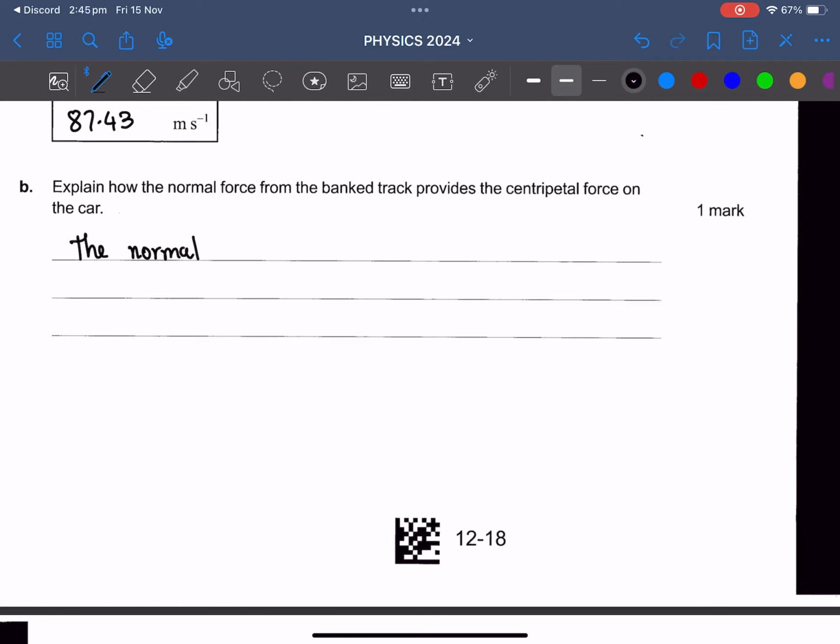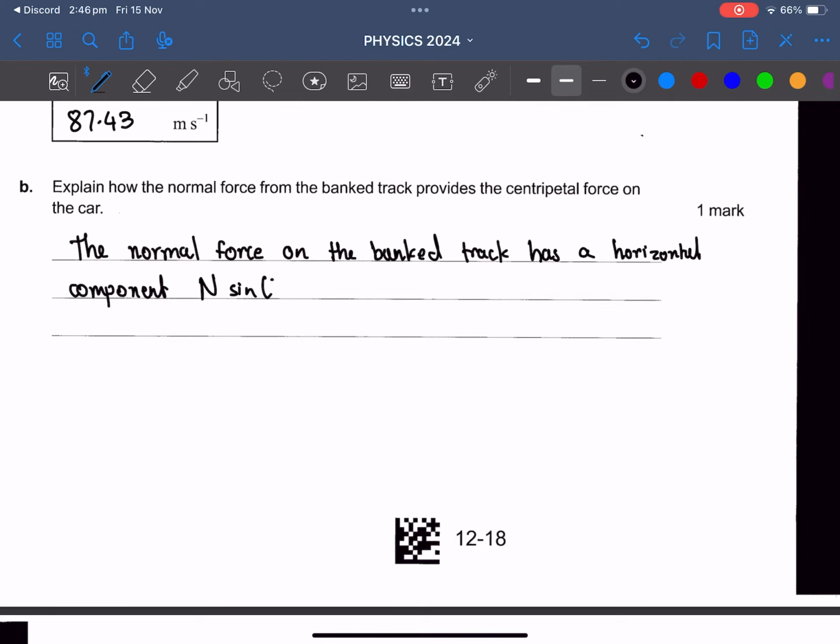The normal force on the banked track has a horizontal component, N sine theta, which provides the centripetal force.